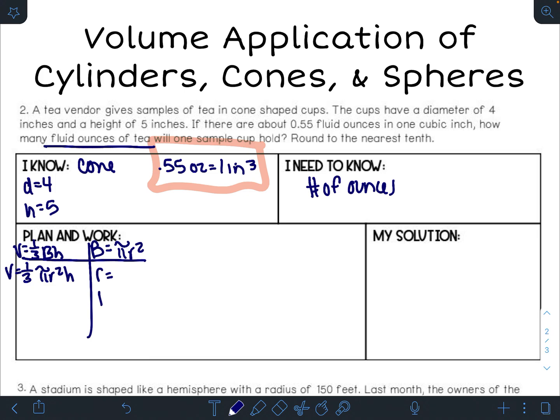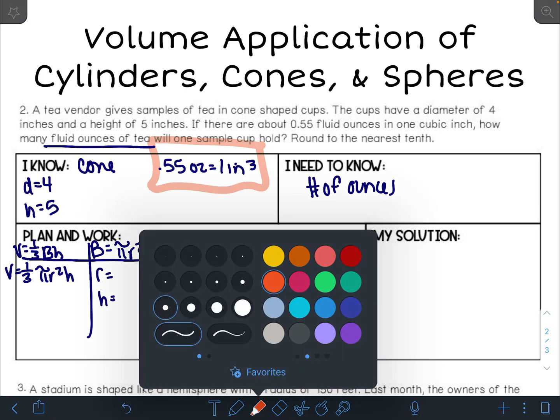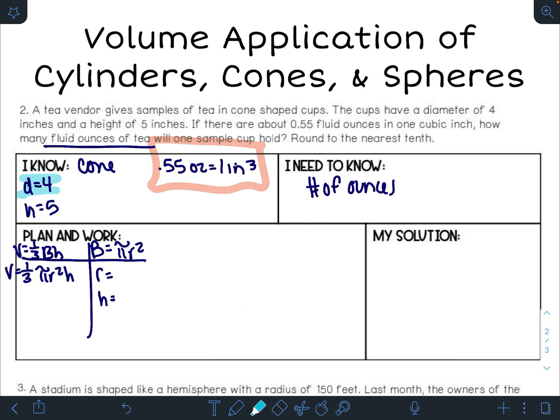I need my radius and my height. They give me diameter though, and I need radius, so I have to divide by 2. My radius is 2 and my height is 5. So I end up with V equals 1/3 pi times 2 squared times 5, and I get a volume of 20.94 cubic inches.